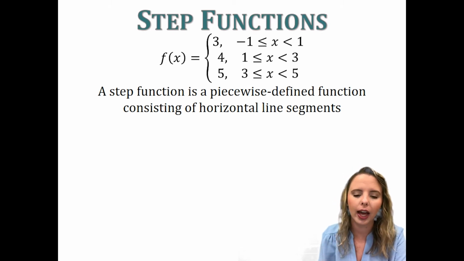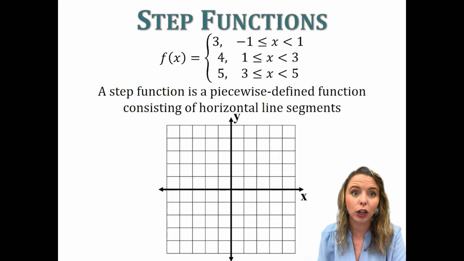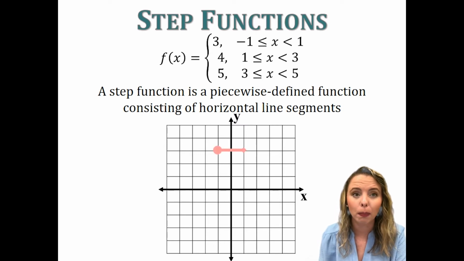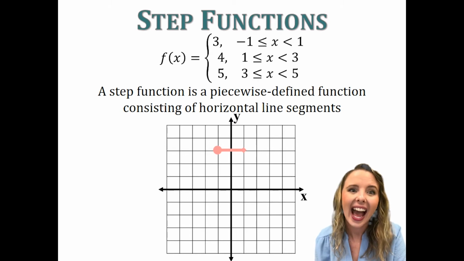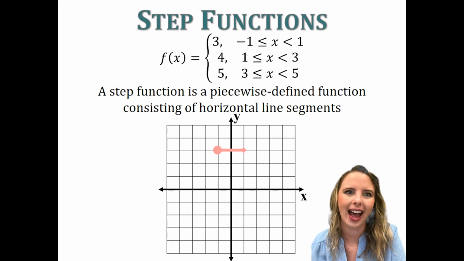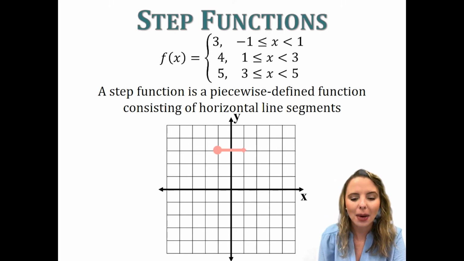So we know that for our first one, our constant is 3, and that's in between -1 and 1. Now, you're probably thinking, what in the world is that little diamond doing on the end of Miss Jordan's line? Microsoft does not allow me to put an open circle as an endpoint, but Microsoft does allow me to put a diamond on the end of that line.